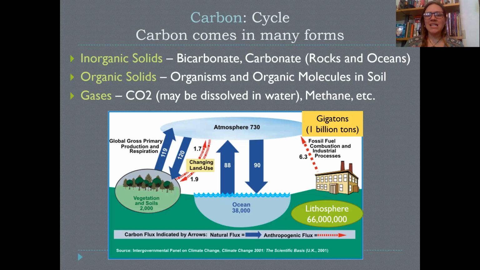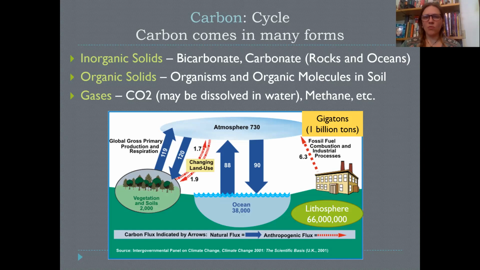There's 66 million gigatons of carbon in the rocks, and a gigaton is a billion tons. So there's a whole lot of carbon in rock, which is maybe not a place you've thought a lot about where carbon might be. That's a reservoir that holds carbon for long periods of time, so it has a very long residence time.